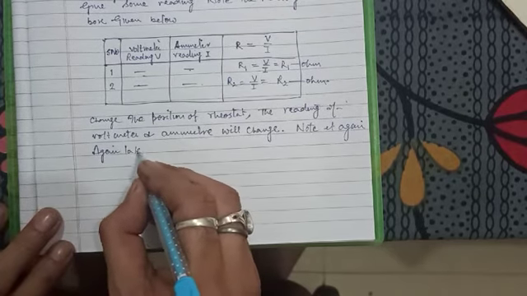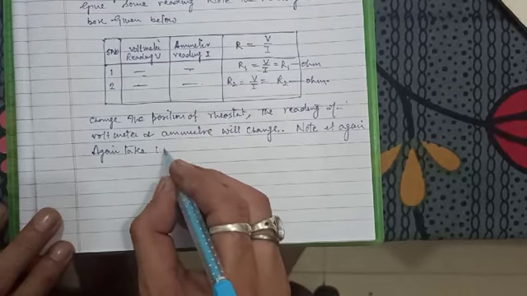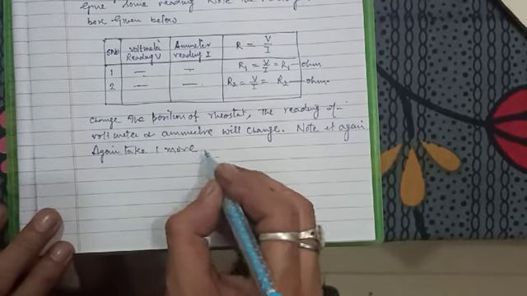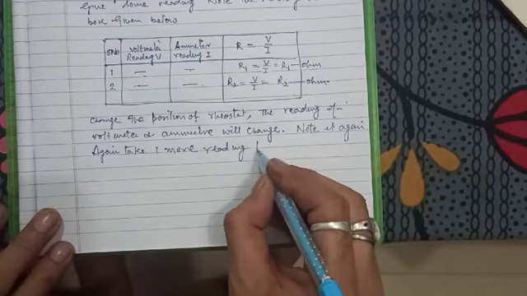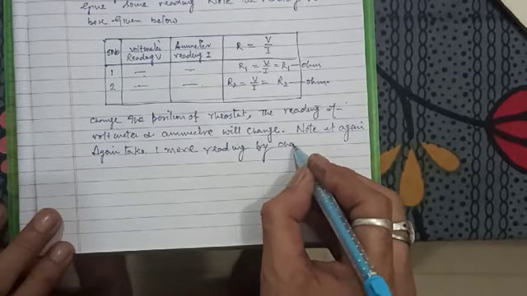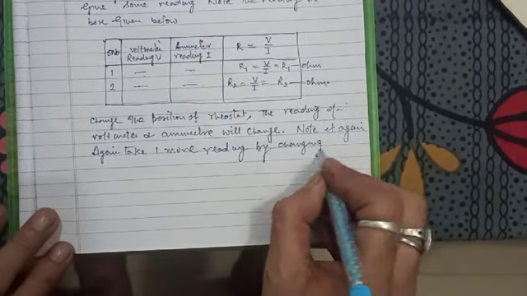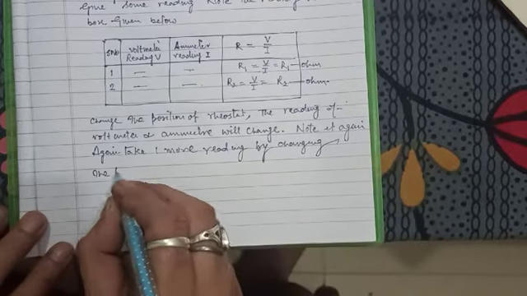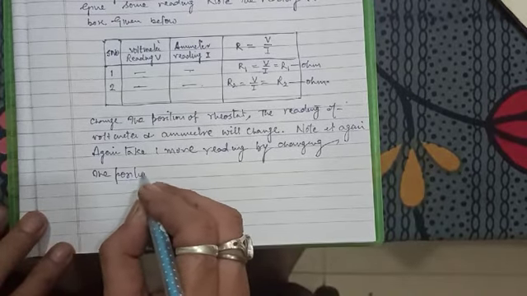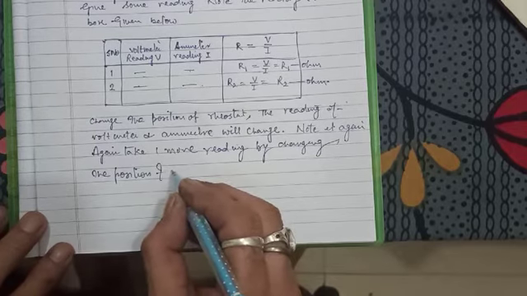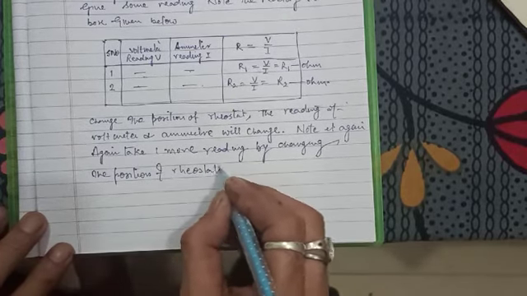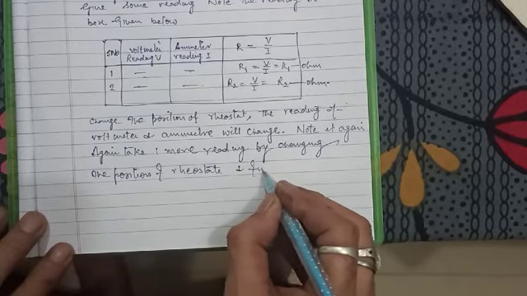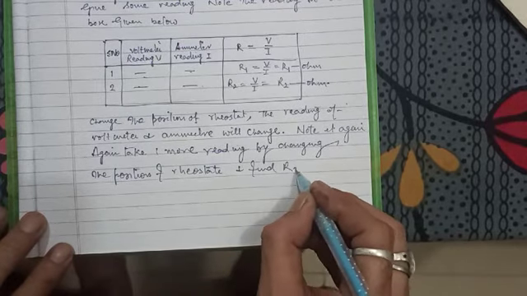Again take one more reading by changing the position of the rheostat and find R3.